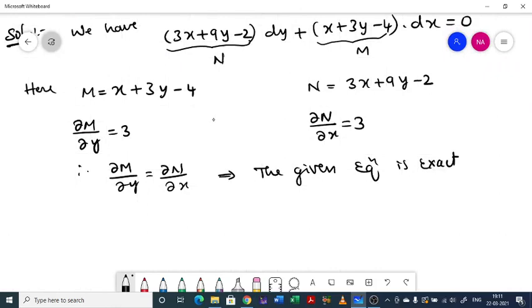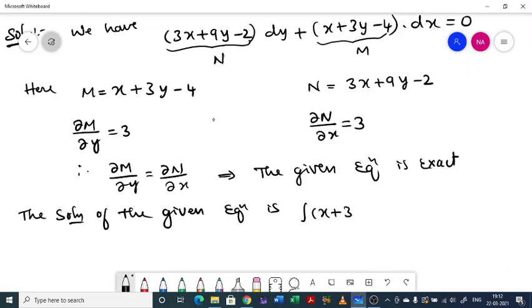The solution of the given equation is integral M dx plus integral N(y) dy equal to 0, right? So integral M dx, that is (x plus 3y minus 4) dx, plus integral N(y).